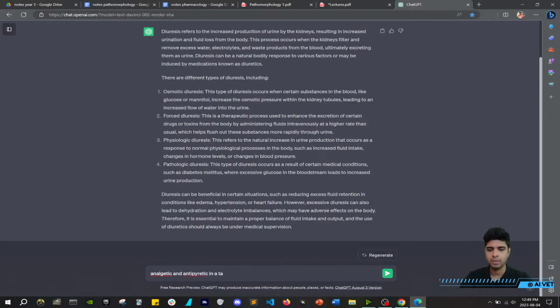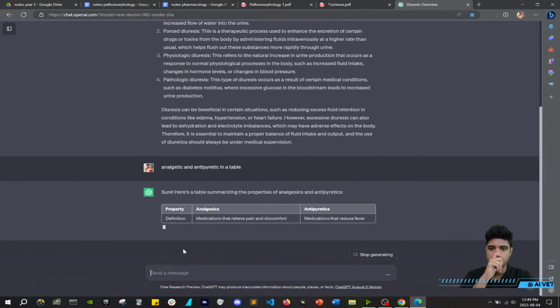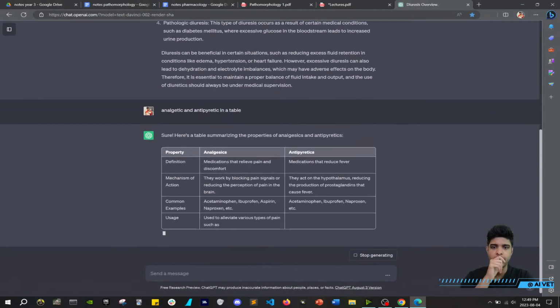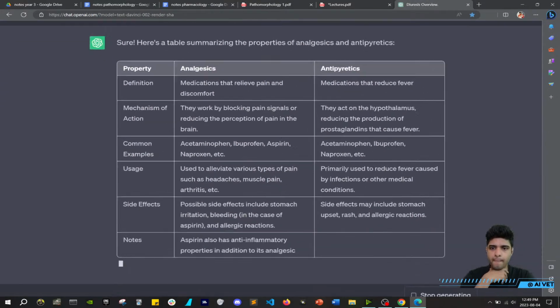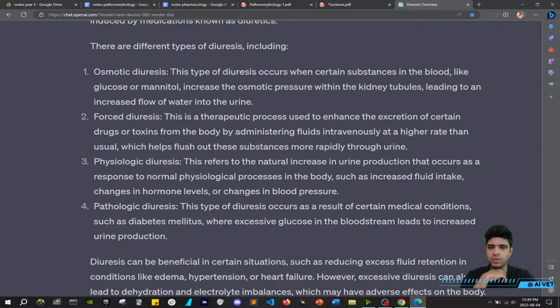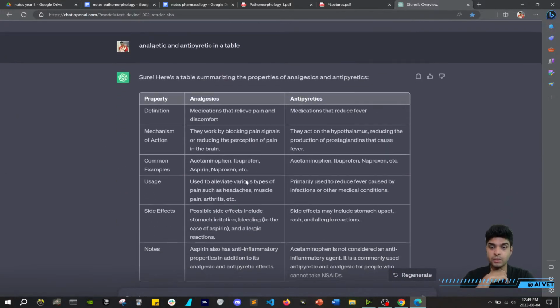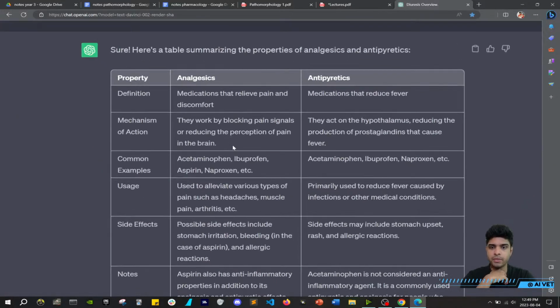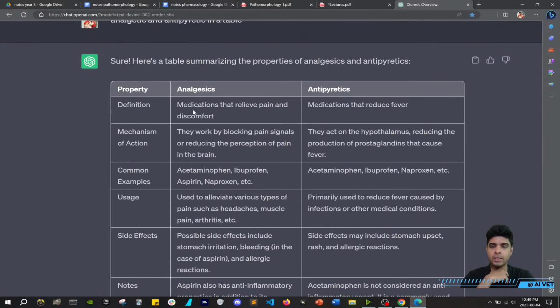I always ask for a table so that it's easier to digest the information. In my perspective, this is so much easier to consume.